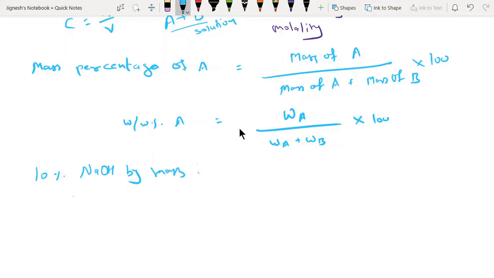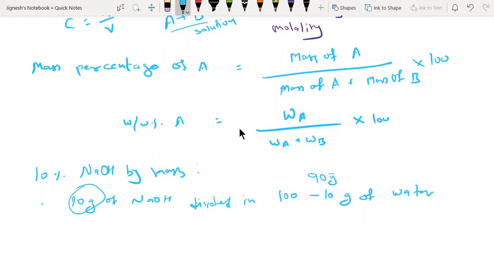We have to understand that this is 10 gram of NaOH dissolved in 100 minus 10 gram of water. 100 minus 10, that is 90 gram. So dear student, if I indicate solute as B and this as A, then I will get this answer.